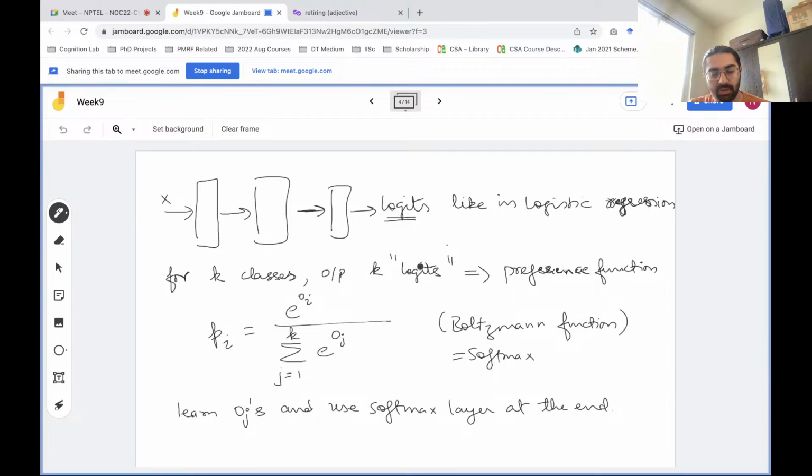And then to convert it to a probability, we use this Boltzmann function, which actually comes from things like thermodynamics. The idea is very clear.